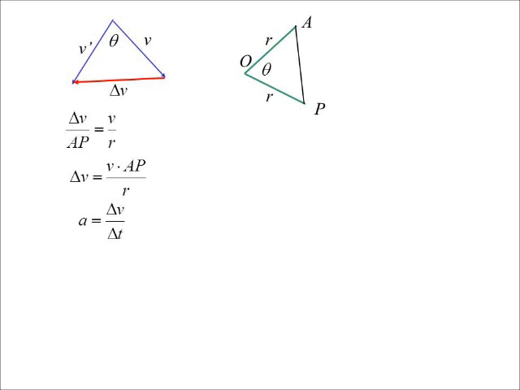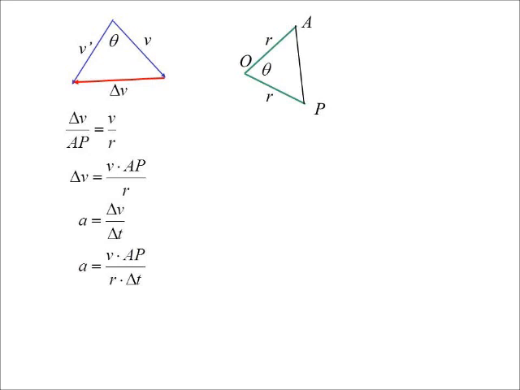This V times AP is not equal to 0, so there is going to be an acceleration in this. So change in velocity over whatever the change in time is. I've subbed in for delta V the V times AP over R. So there's a formula for acceleration.